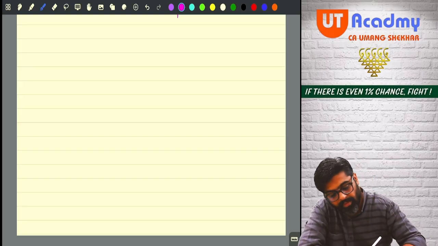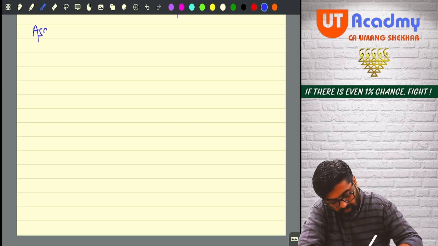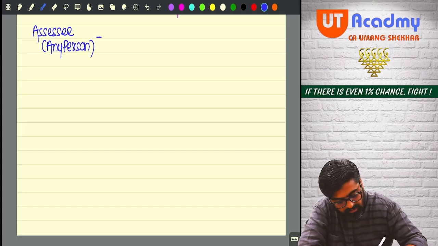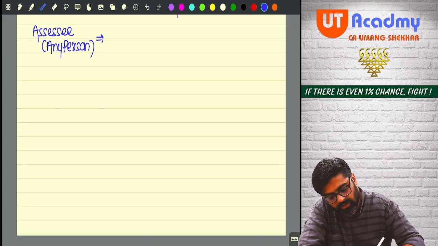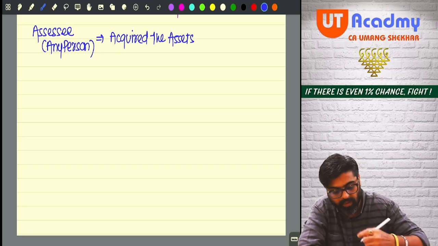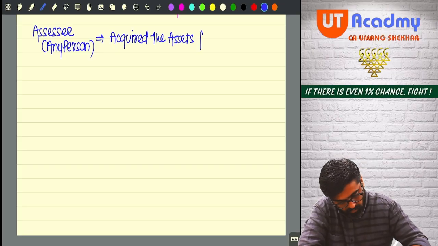See, if there is an assessee, that assessee can be any person. Now what this assessee is doing, that assessee has acquired the assets for his business or profession.